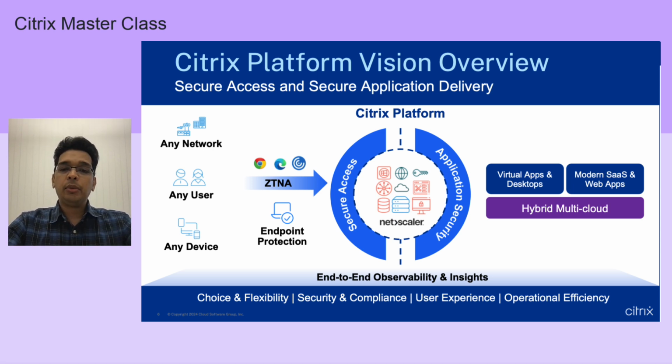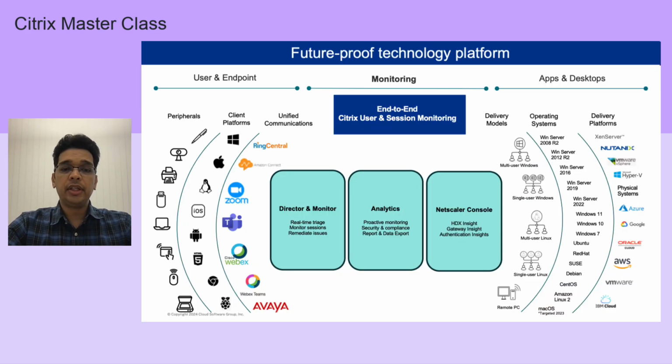Now, to align with this, within the observability side, we have a multitude of products. Specifically, you might already be familiar with Director and Monitor that helps you in real-time triaging and monitoring session capabilities, along with taking actions to remediate any identified issues.